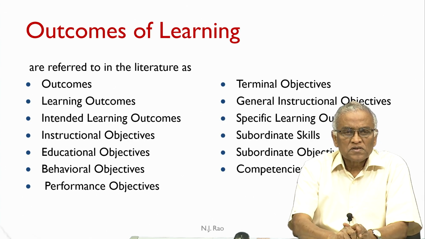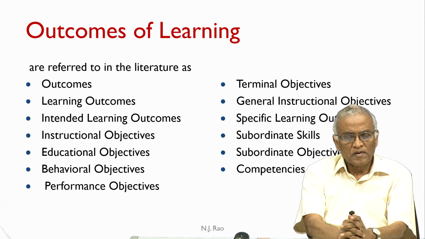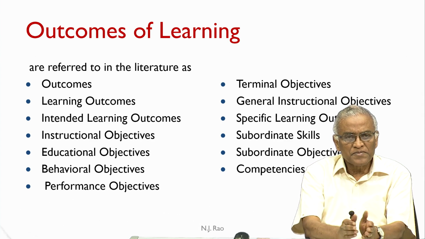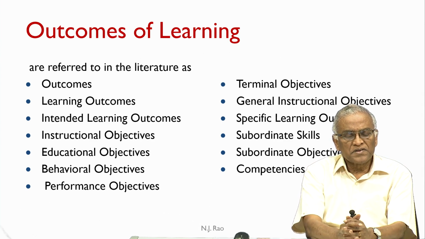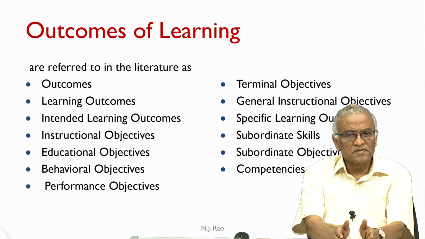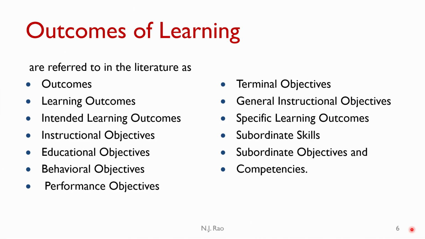Now, there are several words used to look at outcomes of learning, because after learning something happens, that is the outcome. This outcome is referred to in the literature as merely outcomes, learning outcomes, intended learning outcomes, instructional objectives, educational objectives, behavioral objectives, performance objectives, terminal objectives, general instructional objectives, specific learning outcomes, subordinate skills, subordinate objectives, competencies.